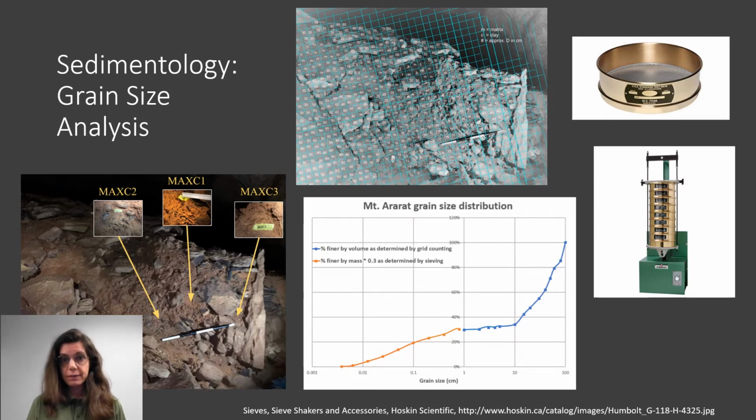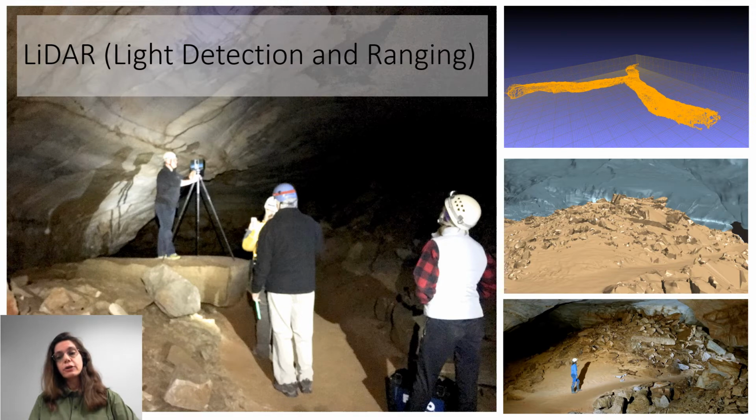To characterize the surface of this, we had this serendipitous encounter with this person in the blue helmet, Tate Jones, who expressed his interest in doing some terrestrial LiDAR inside of a cave. So we connected him with our project.